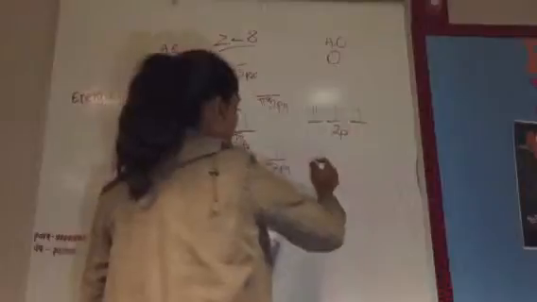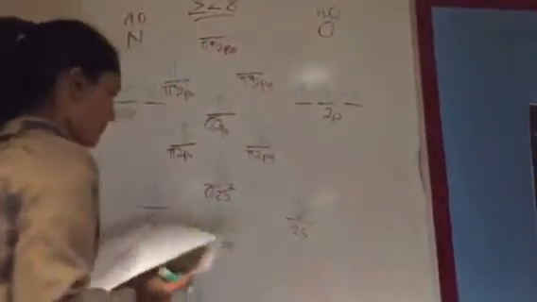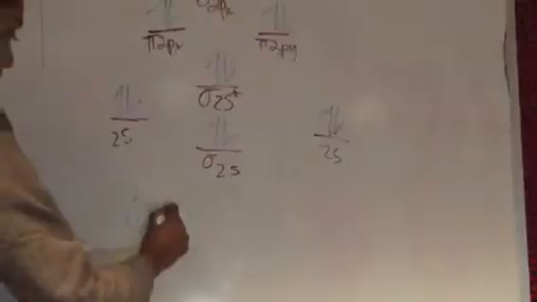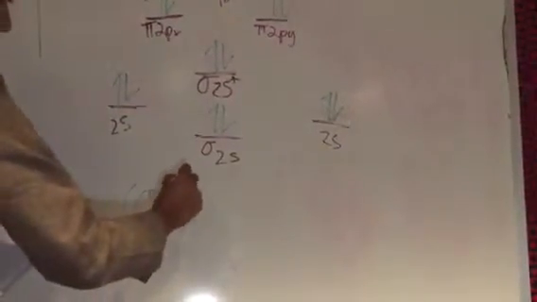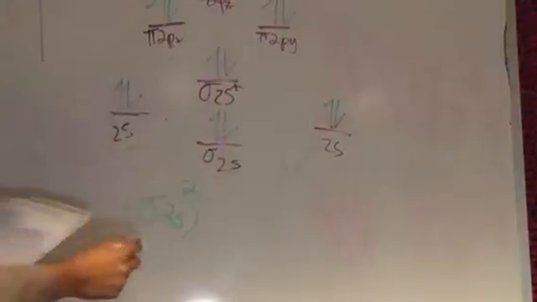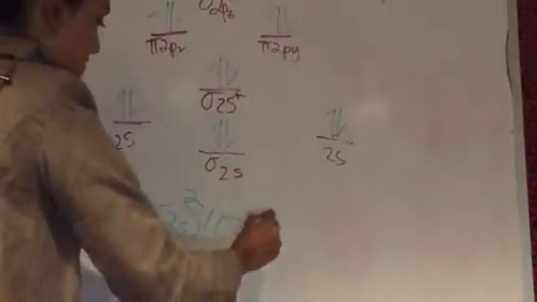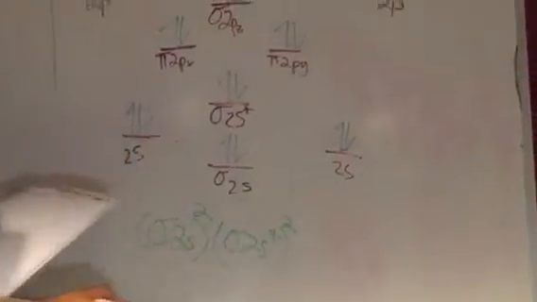And now we're going to do the electron configuration. Our electron configuration will be sigma 2s with a superscript of 2 to represent the 2 electrons, sigma 2s star for the 2 electrons and antibonding.